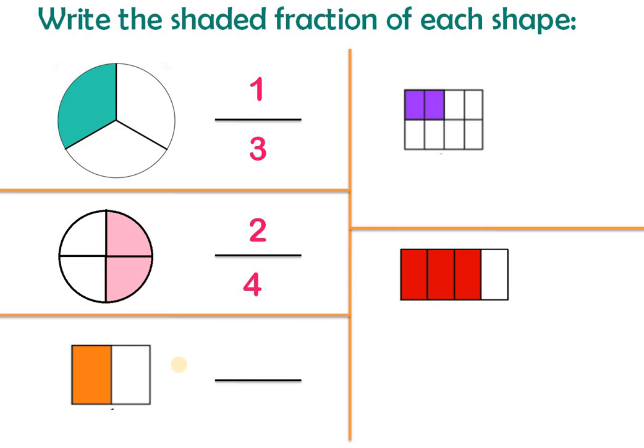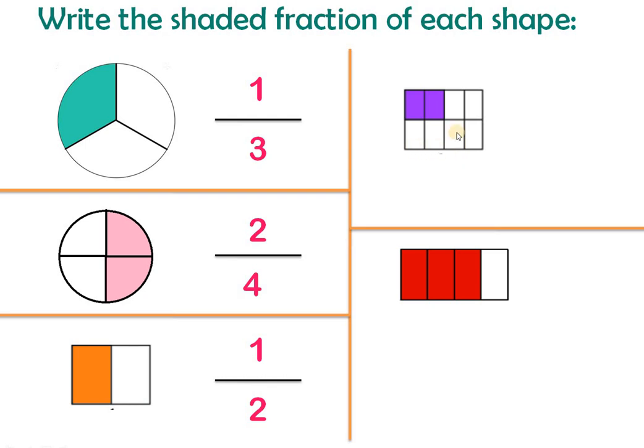So the bottom number should be 2. And how many colored parts are there? We just have 1 part. So the top number will be 1. 1/2. And we can read this fraction as half.